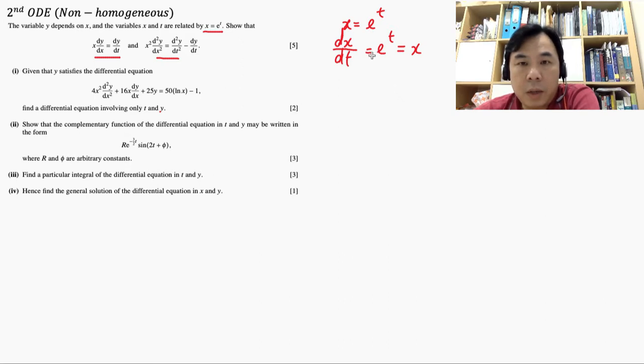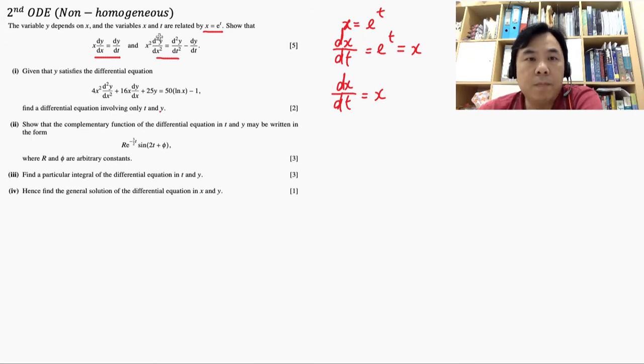And then next, maybe it's best if I rewrite this in this case. So we have dx/dt equal to x. Okay, and then next we're going to further differentiate this to obtain the second order differentiation, or the second derivative d2y/dx squared here.